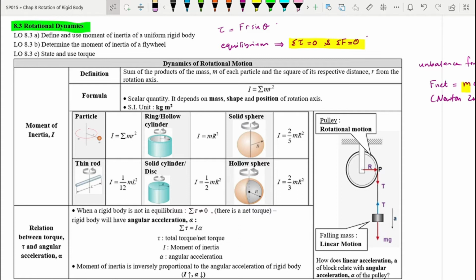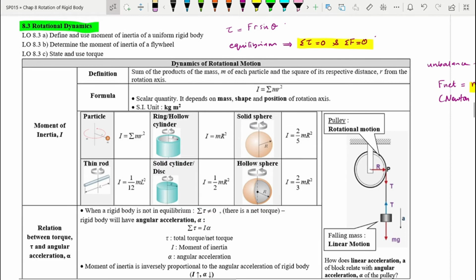Tapi before kita discuss tentang unbalanced torque that cause an object to have angular acceleration, kita kena discuss dulu satu kuantiti yang dinamakan sebagai moment of inertia. Simbol dia adalah capital I. So, apa maksud moment of inertia? Okay, nama dia pun ada inertia. According to Newton's first law, inertia ni is actually a tendency of an object to resist any changes of its original state.